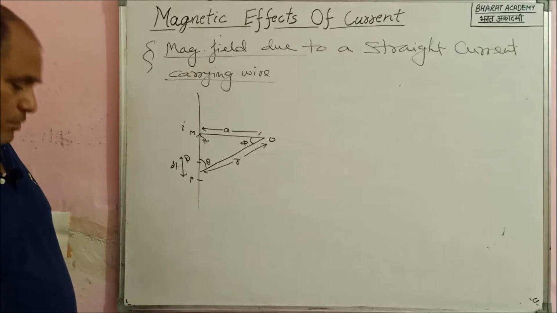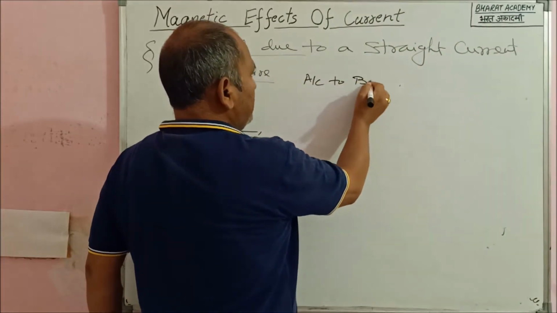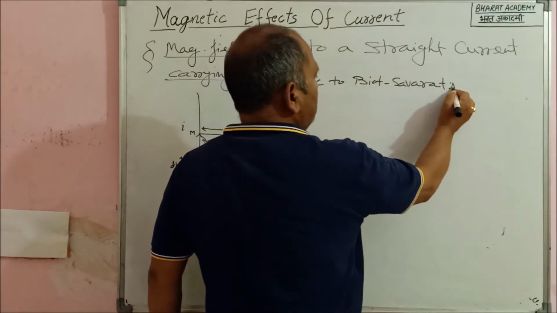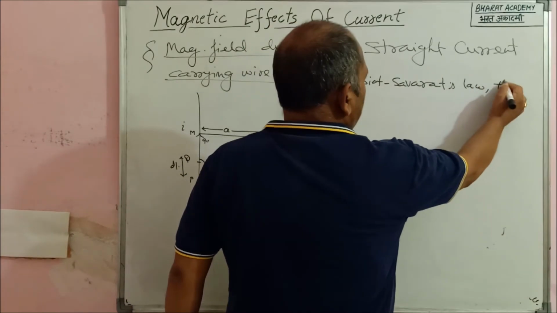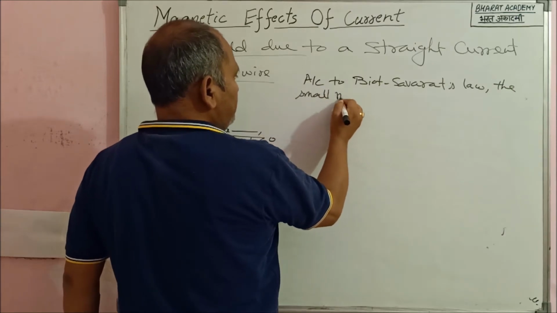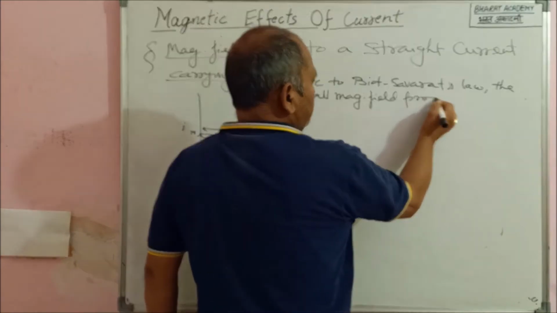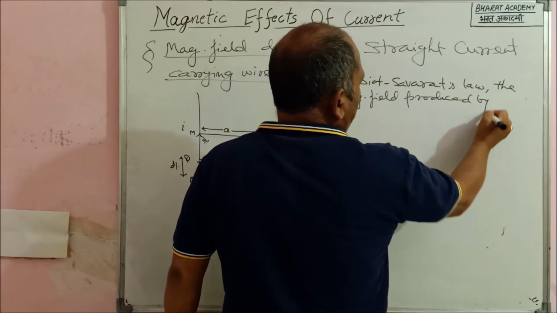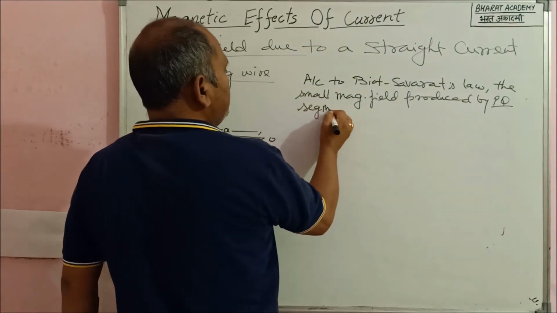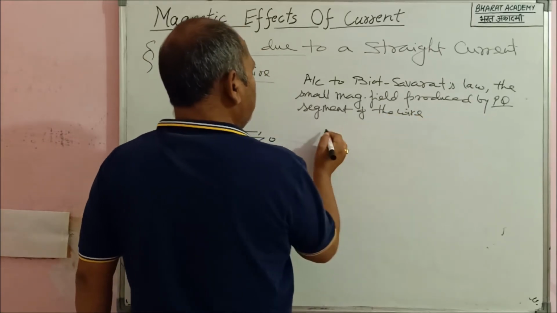right? So according to Biot-Savart law, because we are applying it, the small magnetic field produced by the PQ segment of the wire, what will it be?